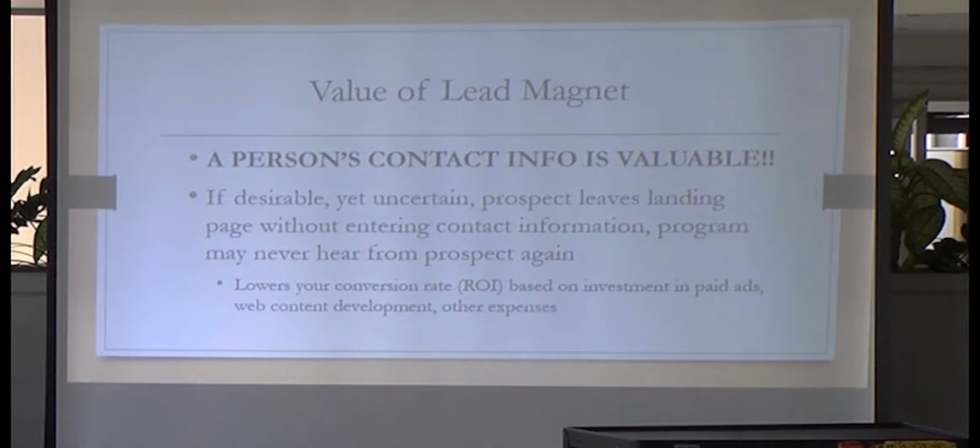People's personal contact information, the process of sharing that with someone else, is a transaction. There's a value in that, and that is something that is important for universities to recognize. And this is just a reiteration of that.